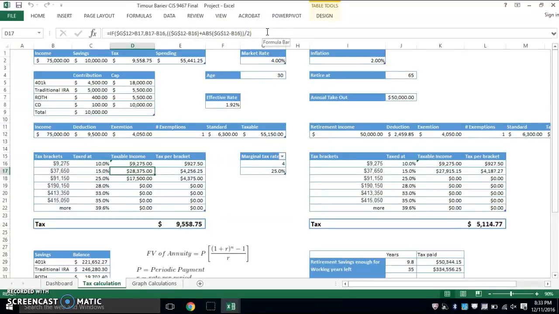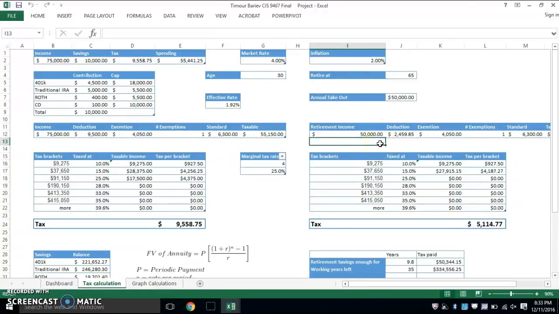When calculating the taxable portion of the retirement income, it's the opposite of that. Traditional and 401k contributions are taxable, and CD and Roth IRA withdrawals are tax-free.